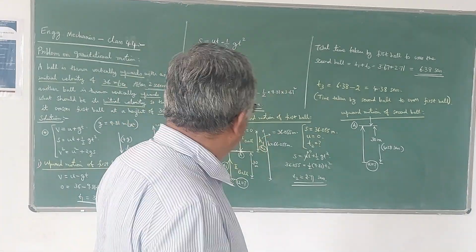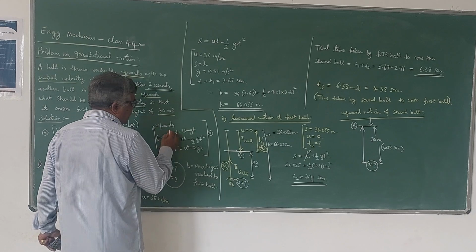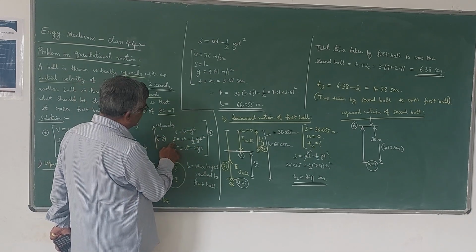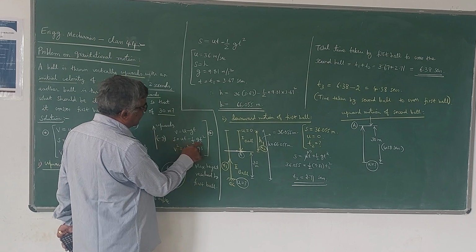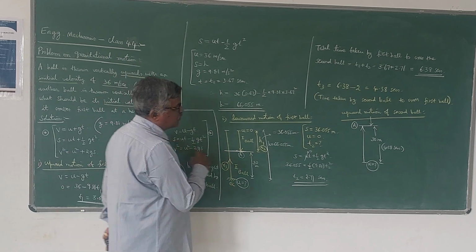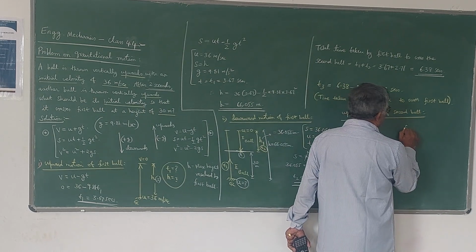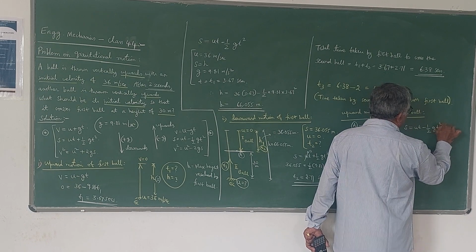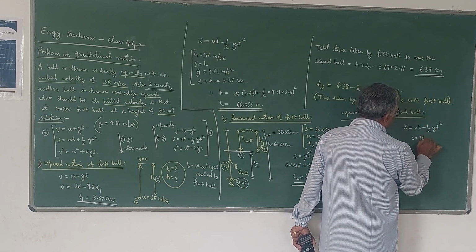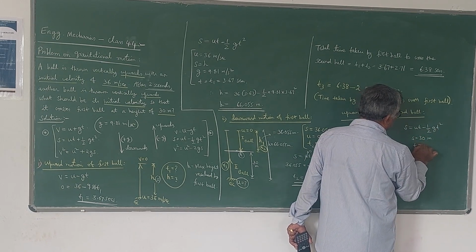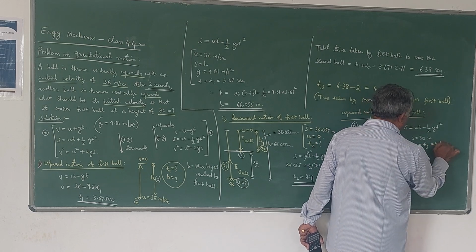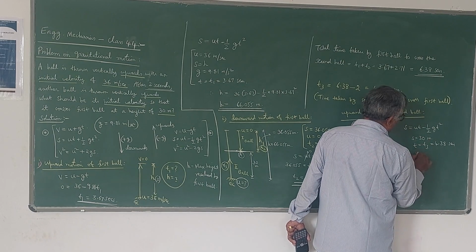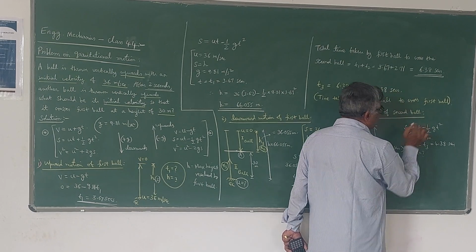So we have to use once again the second formula here, because it is thrown upwards. S is 30 meters, t you know, u you can find out. Upward it is the negative equation, S equals ut minus half g t square. Please note that S is 30 meters here, t is t3, 4.38 seconds, and u is unknown. g is 9.81.